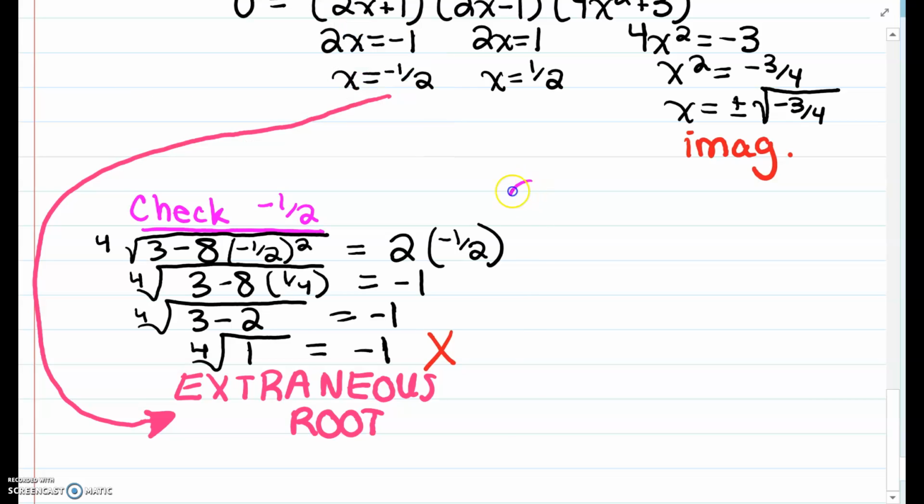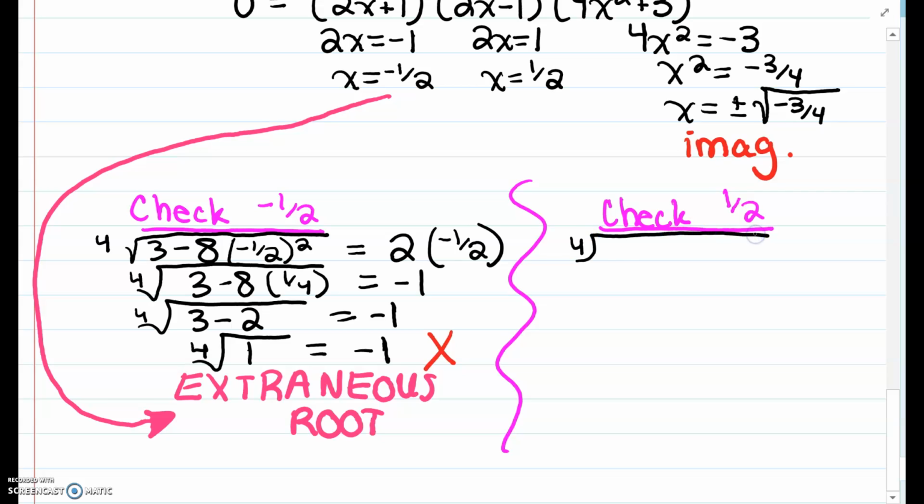Now, let us check 1/2. We get the fourth root of 3 minus 8 times (1/2) squared equals 2 times 1/2.